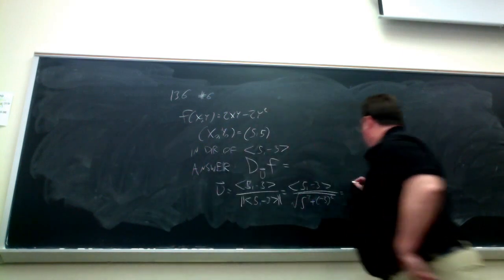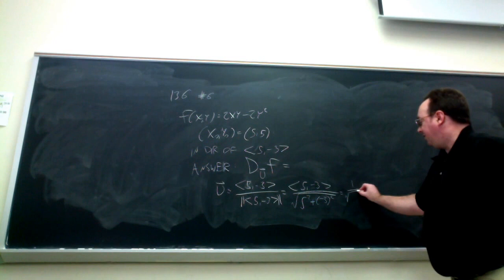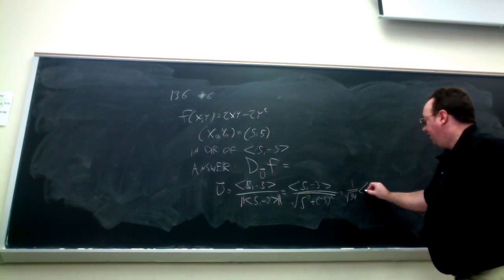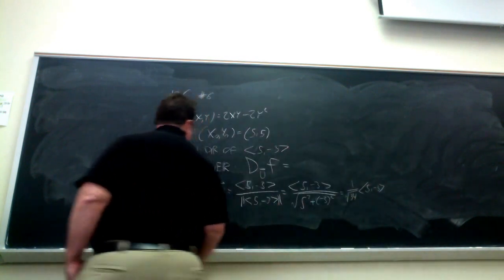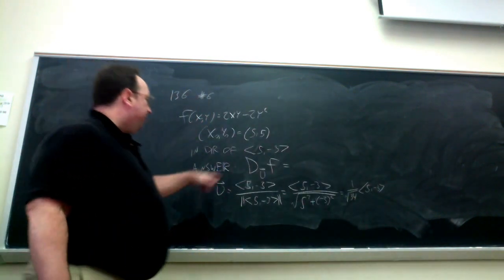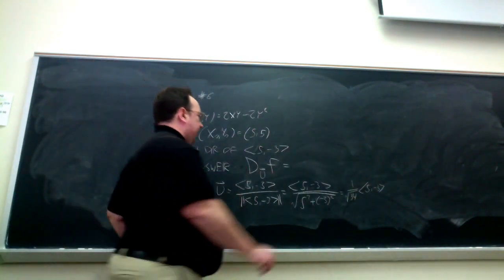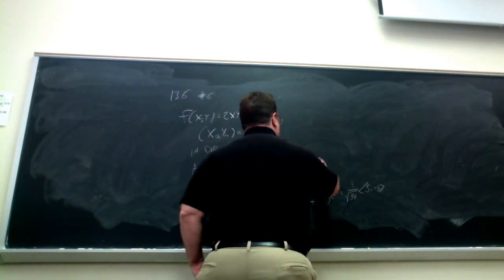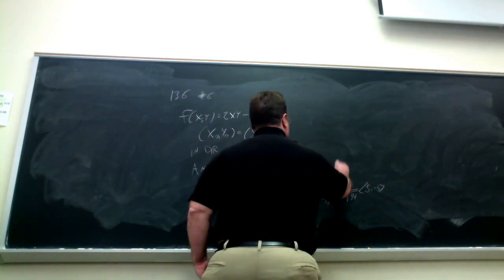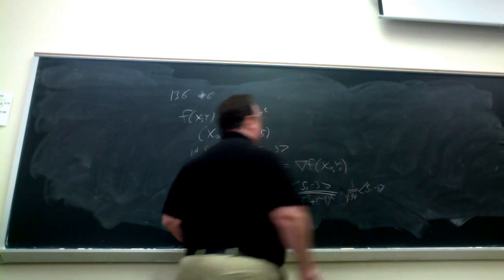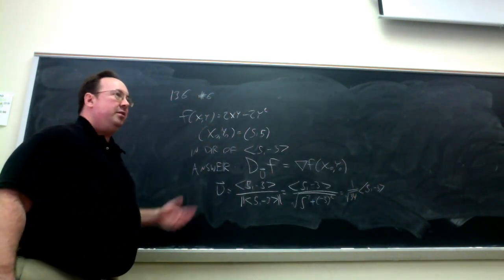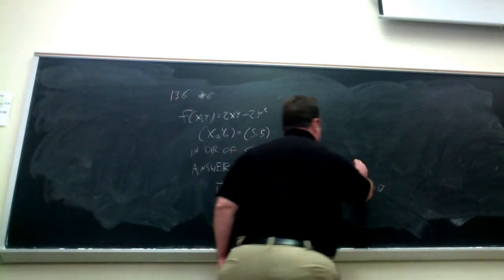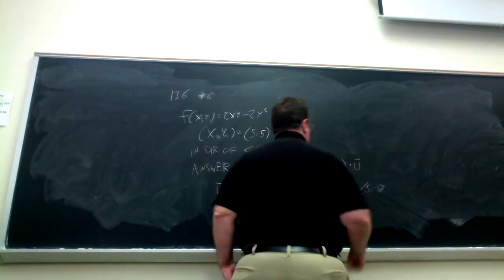So we get, and I'll just leave this factored out, 5 minus 3 over the square root of 34. So that is our u. Now, the formula for the directional derivative is the gradient of f at the point in question. Generally these problems ask for the directional derivative at a particular point, dot product with u.